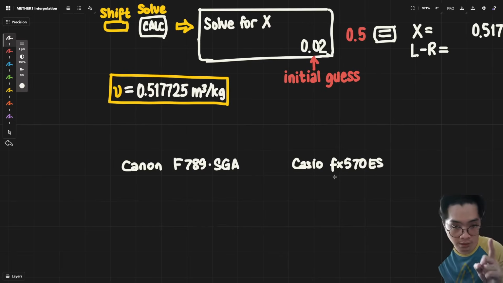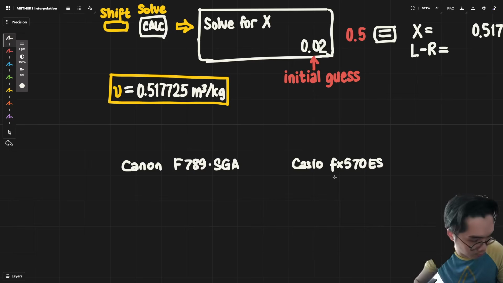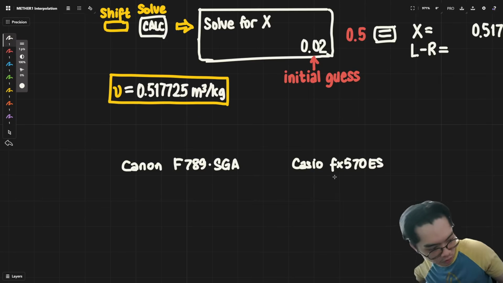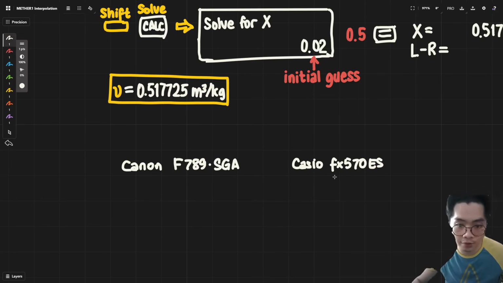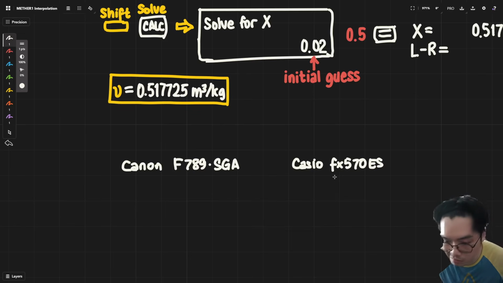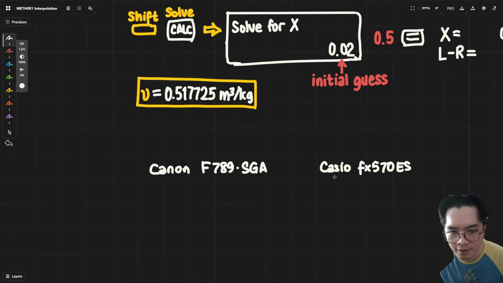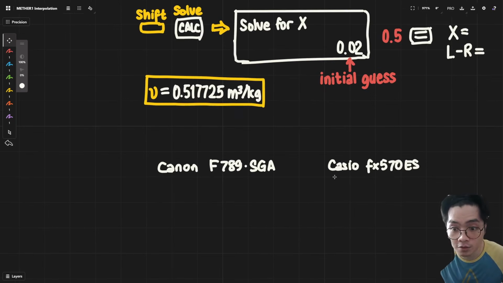Both of these, at the time of recording, which is currently October 21, 2025, are still both approved by the PRC for use in board exams, right? However, maybe someone in the future is gonna cheat with either of these, and then both of them are going to get banned. Hopefully not, right? I'll be teaching this for both.